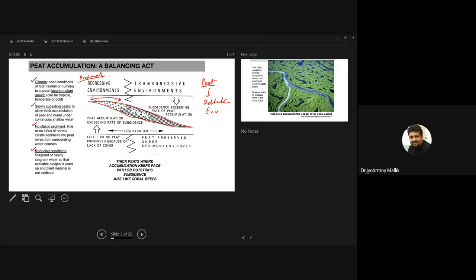Of course, there would not be good coal formation in this part, but in the part where the subsidence rate is more than the peat formation, there would be good coal formation. So these are the basic conditions that you will require for the formation of peat.